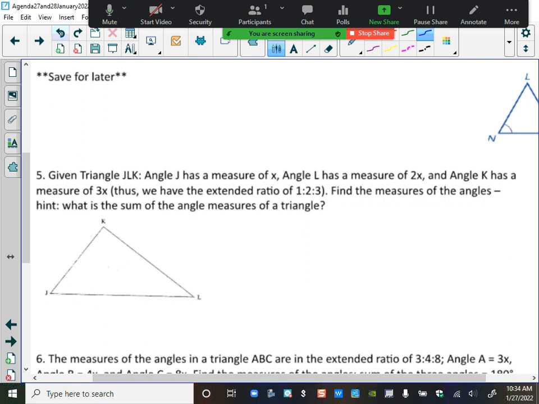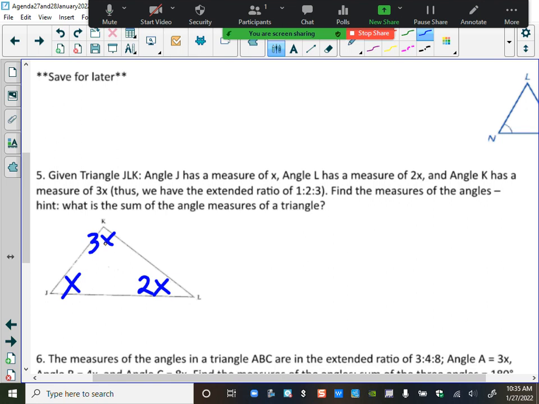All right, so here's what's going to happen. Given this triangle JKL, they said angle J is X, angle L is 2X, and angle K is 3X.